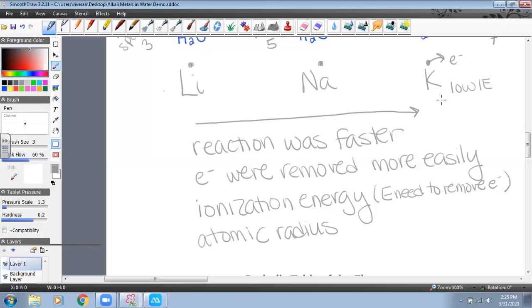And so if they're really far away from the nucleus, they're really easy to remove. So we're going to learn all about that tomorrow. We'll take much more detailed notes tomorrow that talk about the definition of ionization energy and the definition of radius, and those two things together are going to be able to explain why potassium was so reactive and lithium was not.